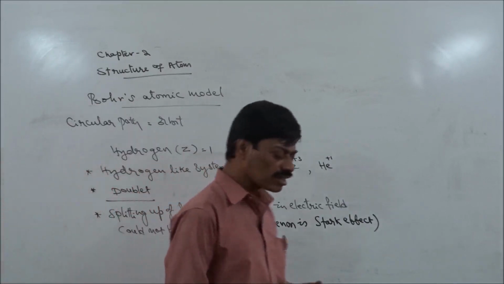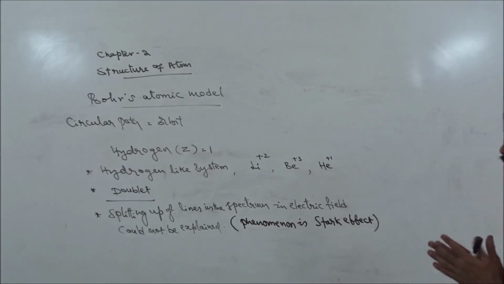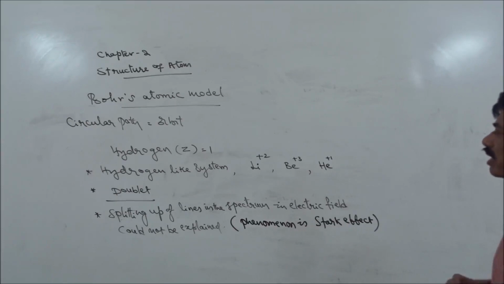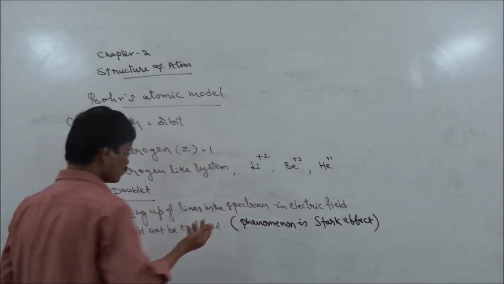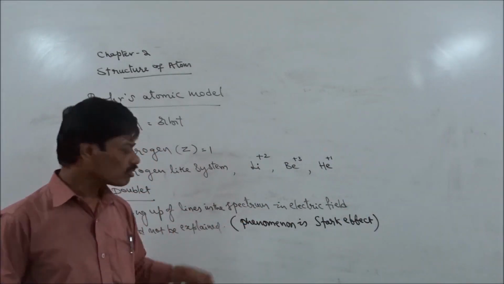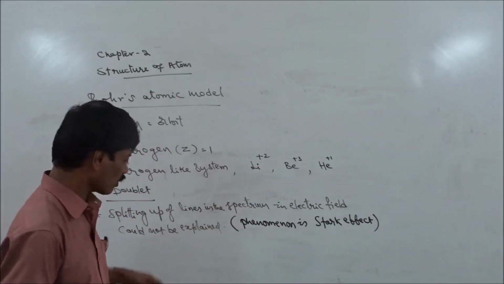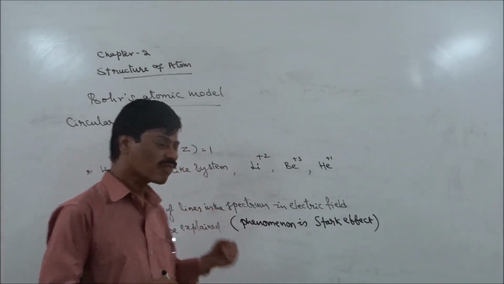So spectral lines undergo splitting, meaning they get separated when the spectrum is kept in the electric field. Why are these spectral lines undergoing splitting? For that there was no explanation from both sides. So this is, you can say, one of the defects, and this phenomenon is called Stark effect. So this can be asked in the case of passage based questions for 1 mark.